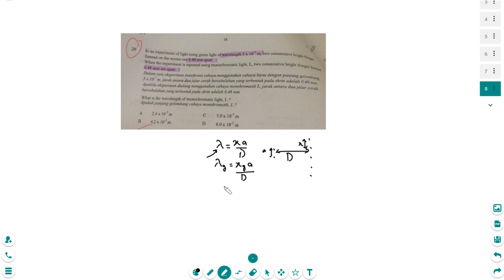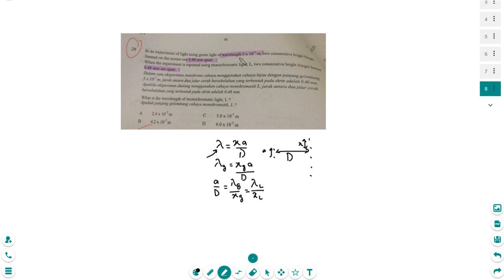I'm going to bring them to the left here, so lambda G over x G is going to be equal, because a and D are the same, to lambda L over x L, the next monochromatic light that is being shone on the double slit, x L being the fringe distance of the light L. Okay, so let's solve this. We can simply solve this equation.